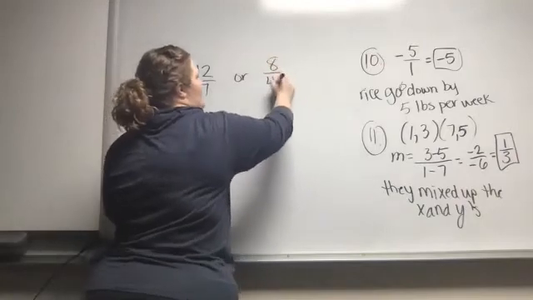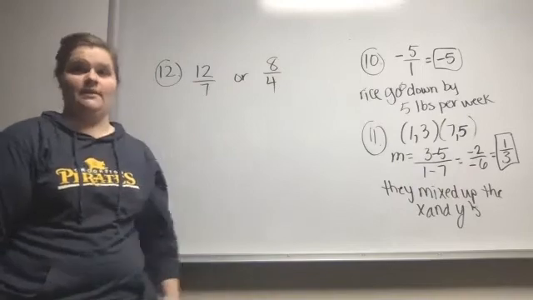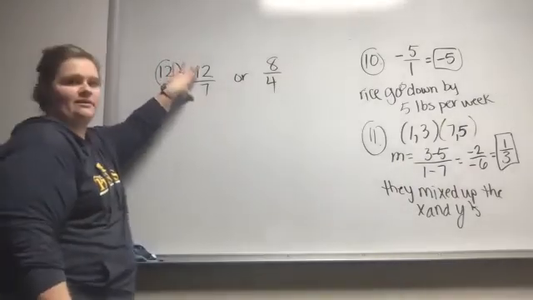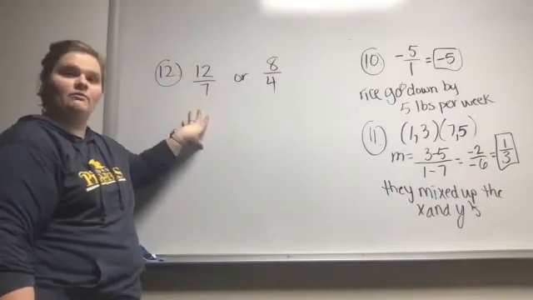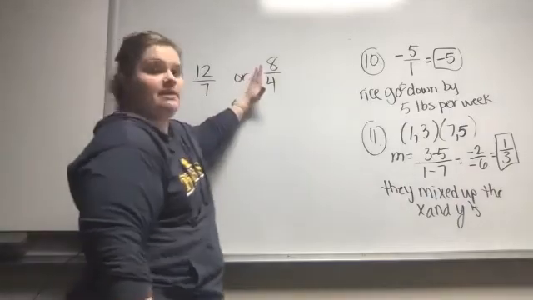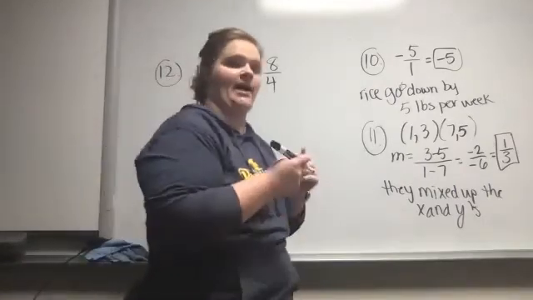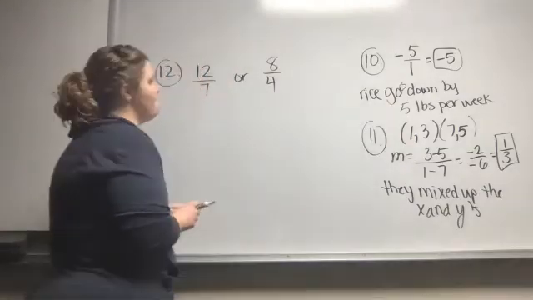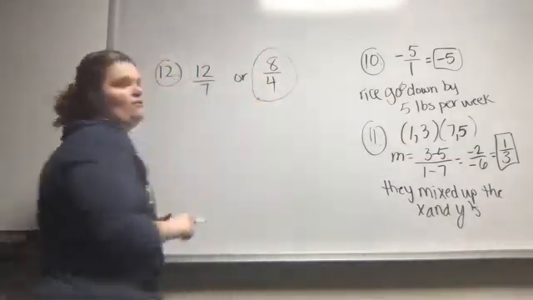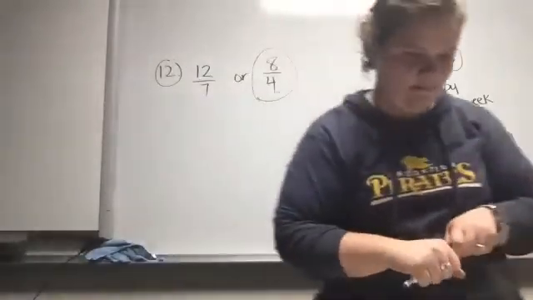Now remember, steeper means that it goes up faster. So 12 over 7, if I divide that out, that's just 1 and something, right? 1 and change. If I divide 8 by 4, that's 2. So which one's going to go up faster? Anybody? 8/4. Nice, 8 over 4. Yep. Number 12 is 8 over 4.